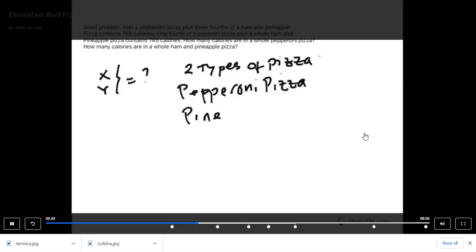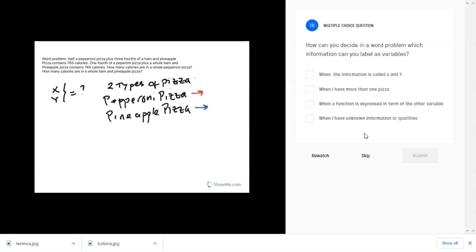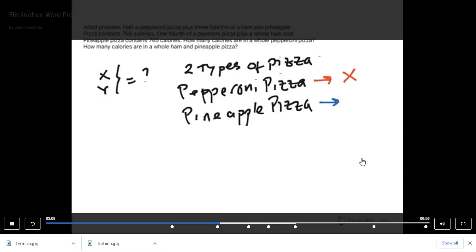Let me see if I write it correctly. Pineapple pizza. Okay, because you really don't know how much of the pepperoni pizza and the pineapple pizza you have, what if you call these pizzas the variables? So let's say that the pepperoni pizza is x and the pineapple pizza is going to be y, right?